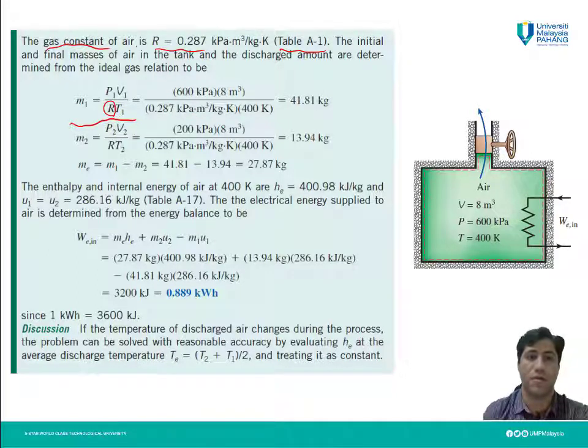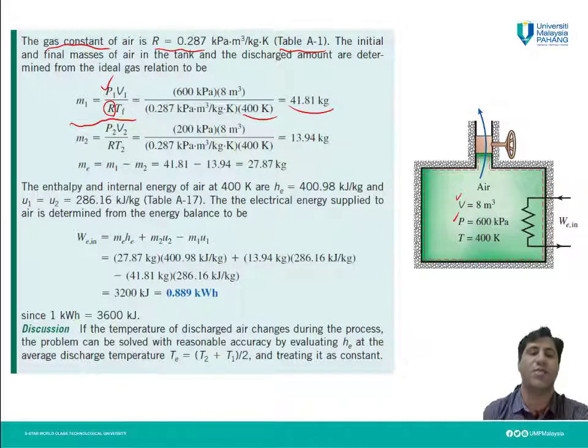One of those substances is air. So in this table, you can find R, the gas constant for air. By substituting these properties, we have P1, and the initial volume of the air, our control volume which contains air, is 8 meter cubed, and an initial temperature is also given.